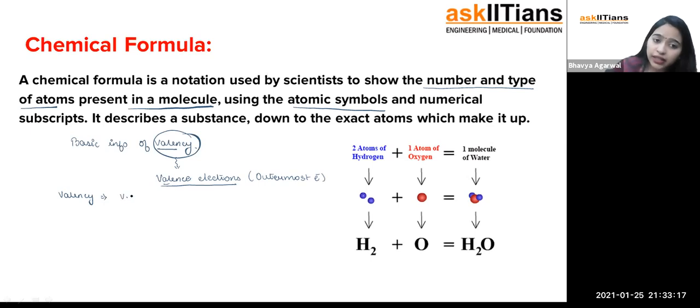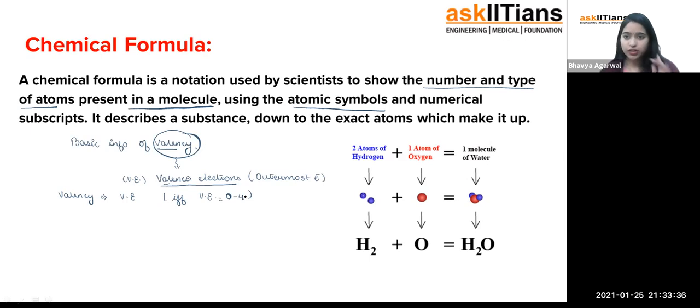Valency is equal to the valence electrons if and only if the valence electrons are lying from 0 to 4. It means if the valence electron is 0, then that is the valency of that atom. If the valence electrons are 1, that becomes the valency of an atom. If the valence electrons are 4, it becomes the valency of an atom.